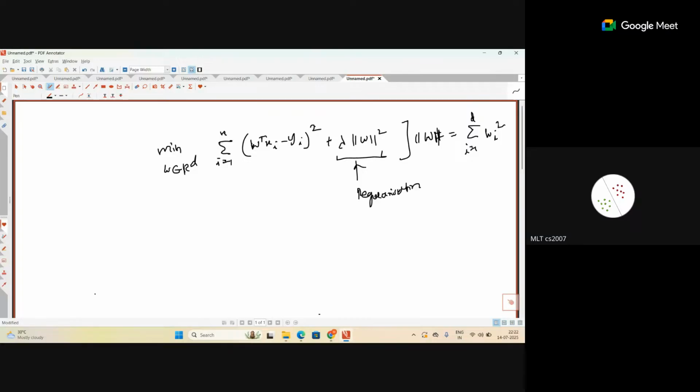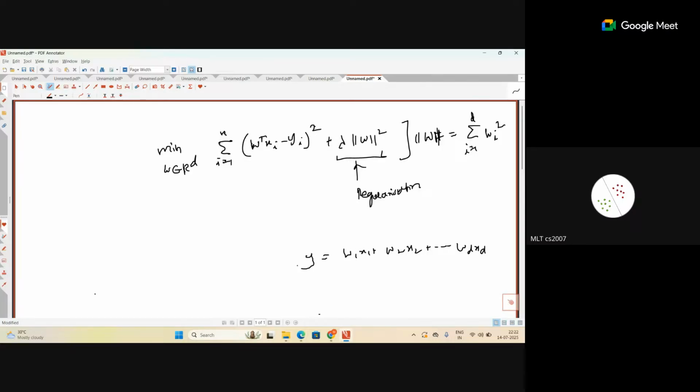So basically what you are trying to do here is put that lambda there, which will change the solution to your problem. It will try to restrict your w's from going too far. For example, suppose you have w1 x1 plus w2 x2 up to wd xd, that is my y.